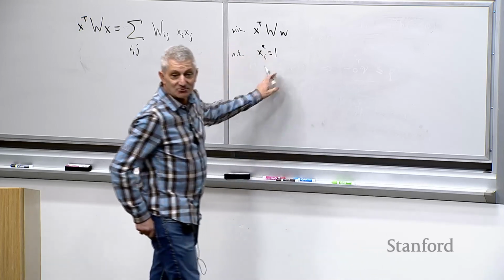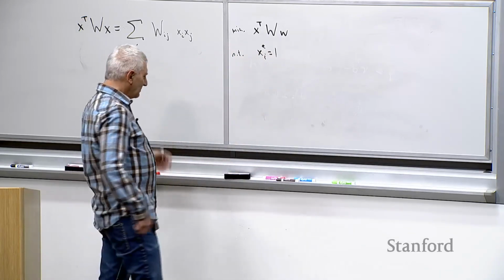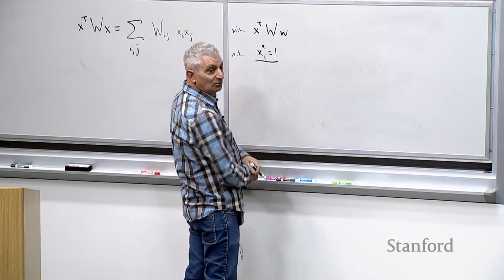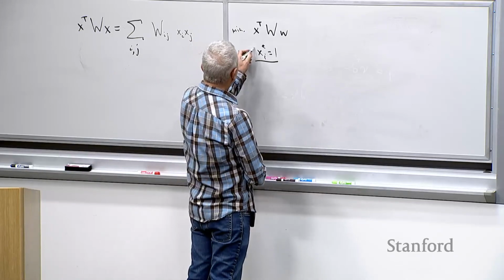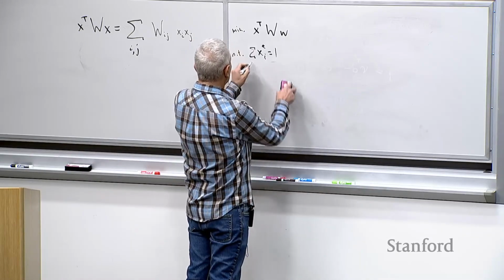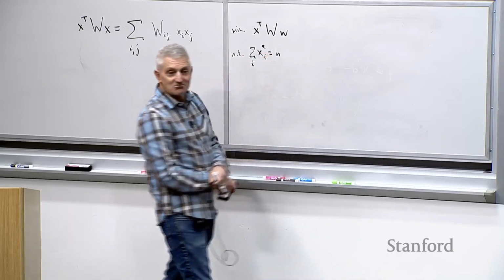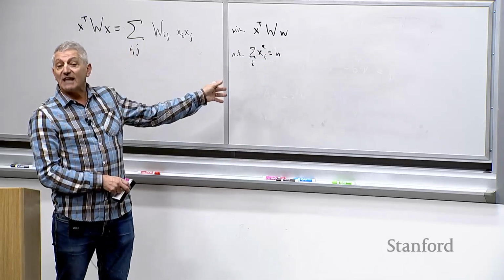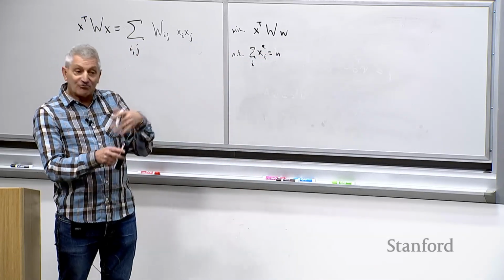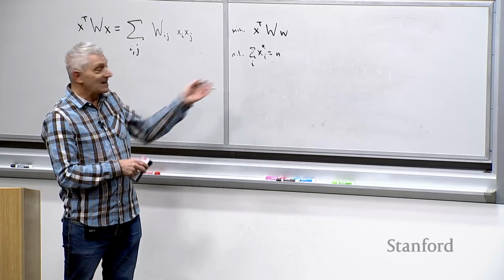That's not convex, right? But if xi squared is 1, then everyone here would have to, I would hope, agree that that's the case, right? Now, by the way, this is a relaxation, right? Because if the former constraint holds, then this one has to.